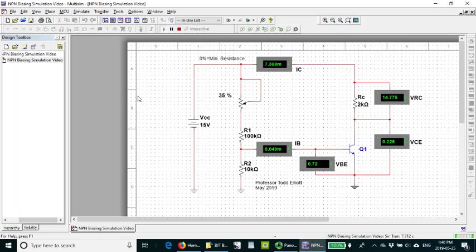Do you see as we move the wiper, the base current keeps decreasing? And with less base current, we have less collector current, which means the transistor is slowly coming out of saturation. Notice this voltage here is steadily increasing while this is decreasing. And always these two together will add up to that. And note the change in current. So let's go a little more.